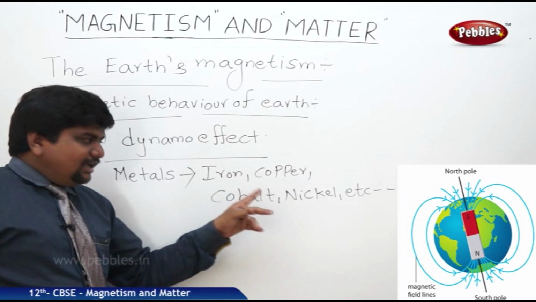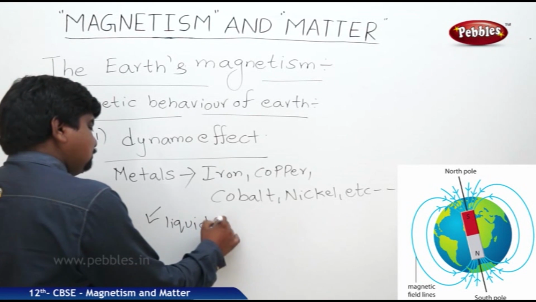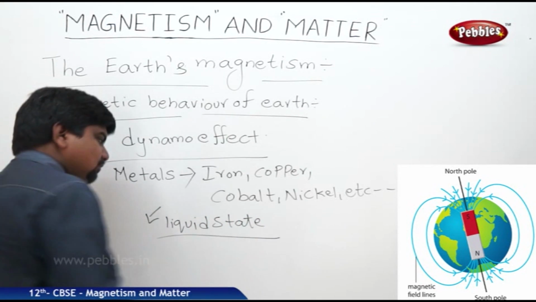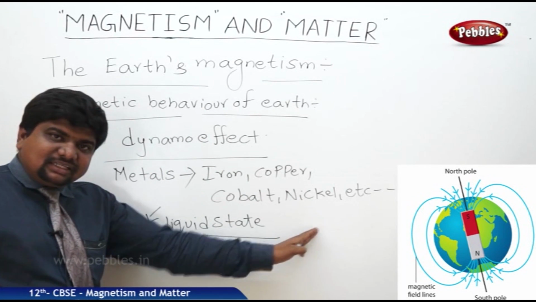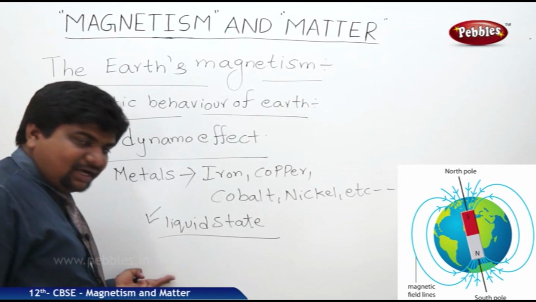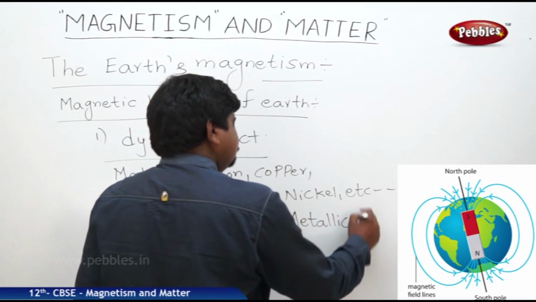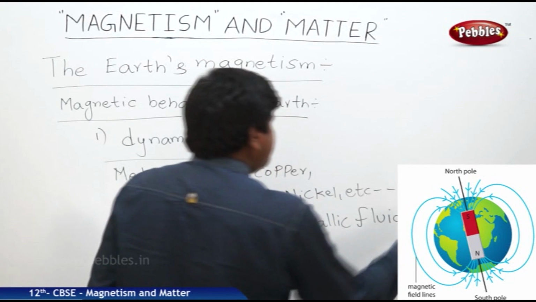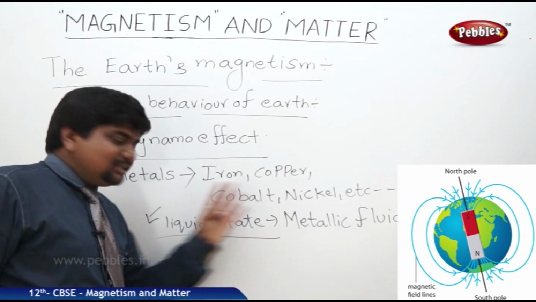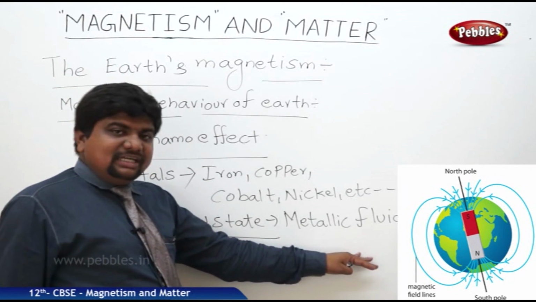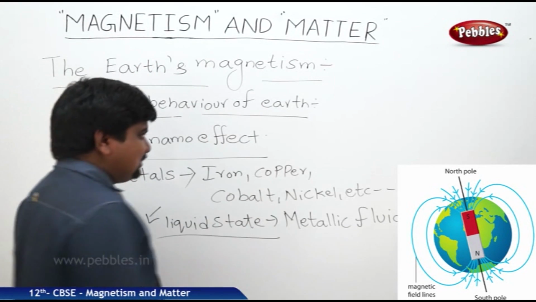They are available in liquid state beneath. These liquid metallic fluids are flowing from one end of the Earth to another end in the beneath part. That's why they are said to be metallic fluids, which are in a liquid state. The current of the metallic fluid, current meaning nothing but the flow, beneath the Earth causes the magnetic behavior of the Earth.